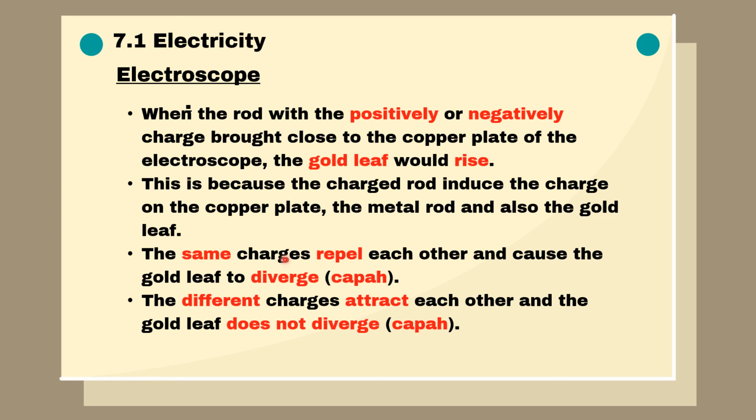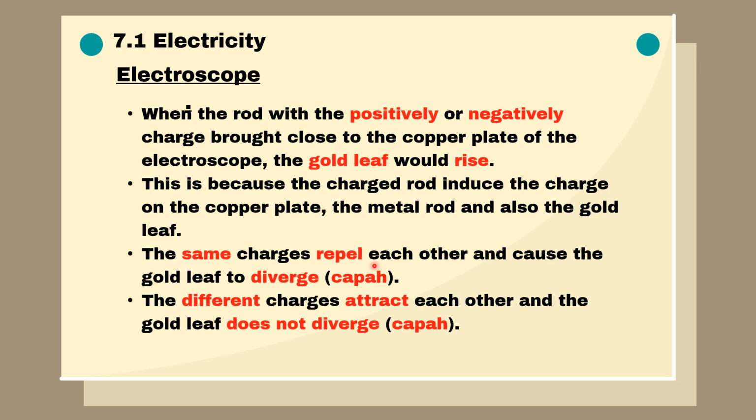The same charges, which means positive and positive charges, or negative and negative charges, will repel each other and cause the gold leaf to diverge, while the different charges, which means positive and negative charges, or negative and positive charges, will attract each other and the gold leaf does not diverge.